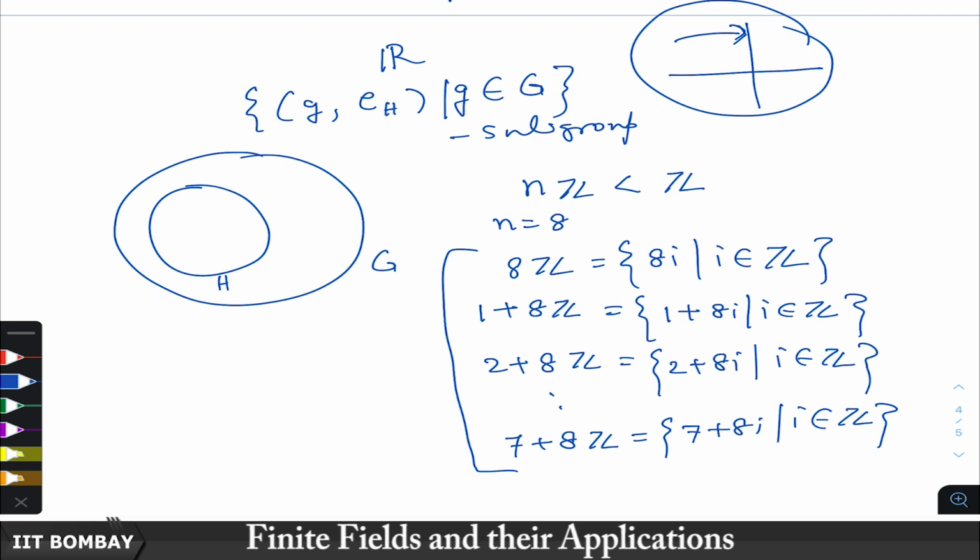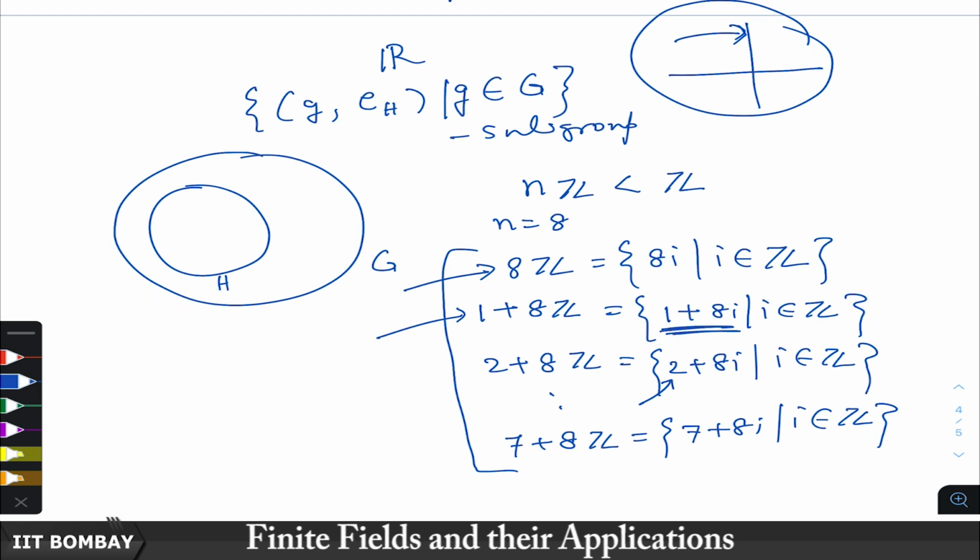So, these are actually the congruence classes modulo 8, right, because you divide each of these numbers by 8, they have the same remainder. For example, divide and you get the remainder 2. We have discussed these elaborately before. Now, does this set form a subgroup?